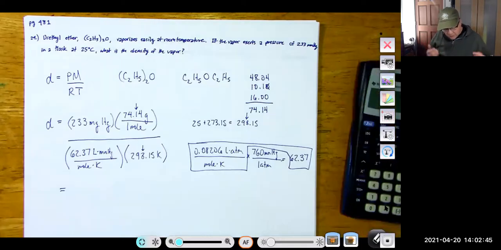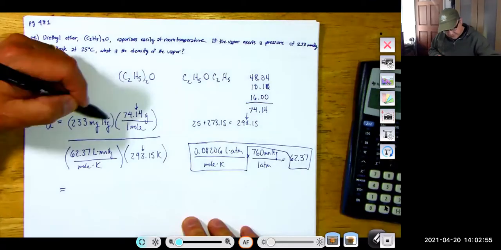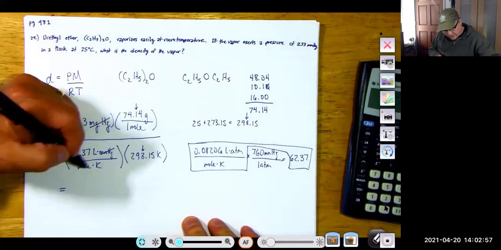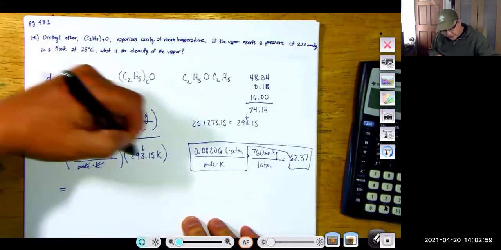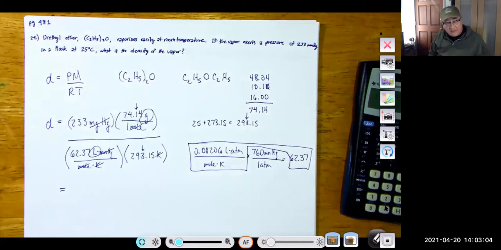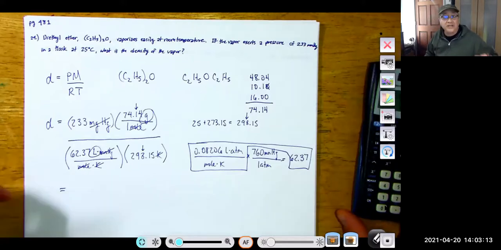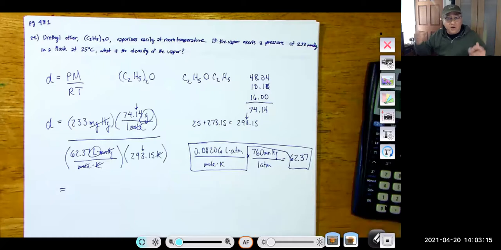Looks to me like 1 gram per liter, because millimeters of mercury cancels, and moles cancel, K's cancel, but I'm going to circle the G and the L because they never canceled. So it's going to be grams per liter. And that's a common unit for density of gases, not grams per centimeter cubed, not grams per milliliter, but grams per liter, because you need a large volume to get a gram of gas.